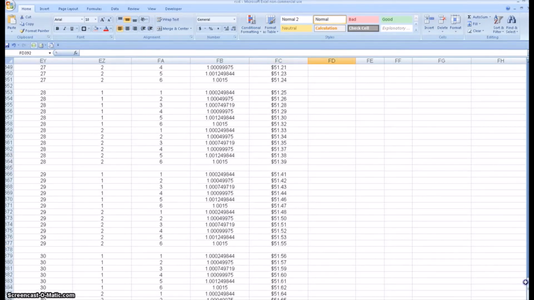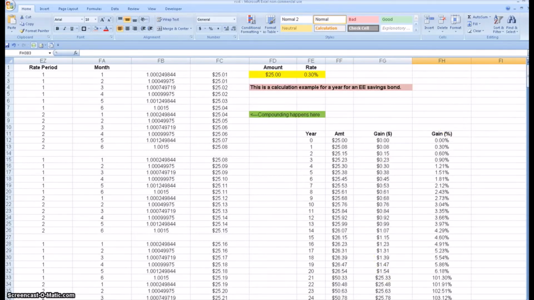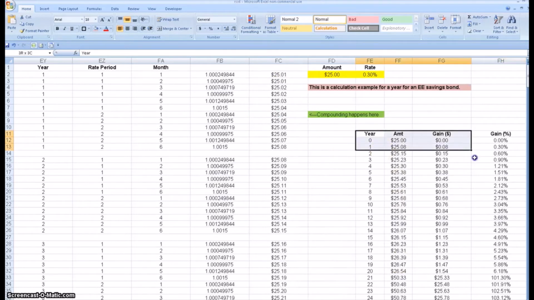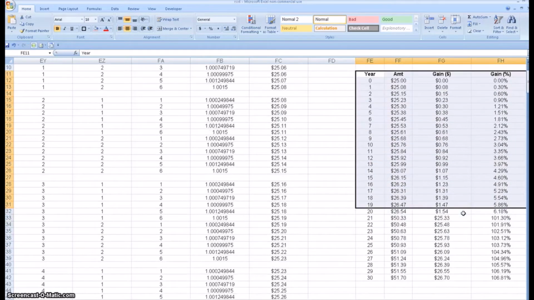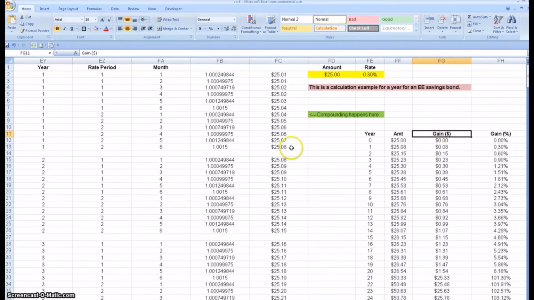If I take this information and put it into this table, I get this. I have the year, the amount, and the gain. For example, at the end of the first year, we get $25.08. So we've gained 8 cents, which is this 0.3%, consistent with what we saw up here.